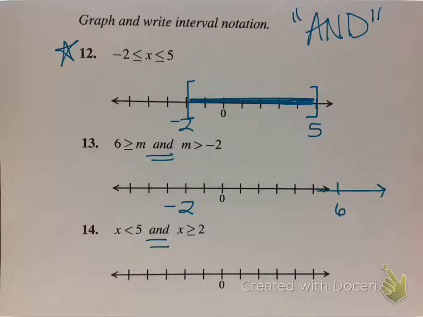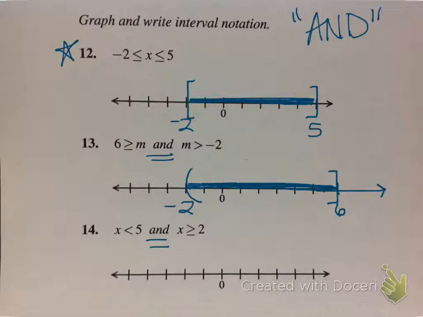So again, read from the variable coming first. M is less than or equal to 6, so that's a bracket. Greater than -2, that's a parenthesis. And numbers that meet the criteria are in between. So greater than -2, less than or equal to 6.